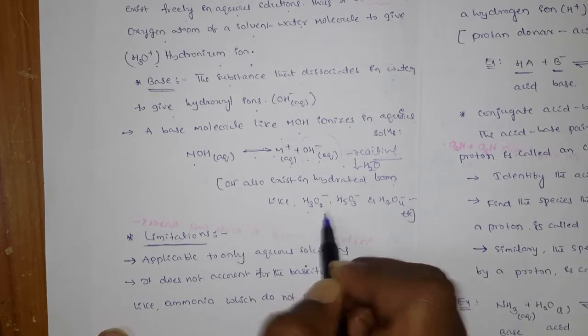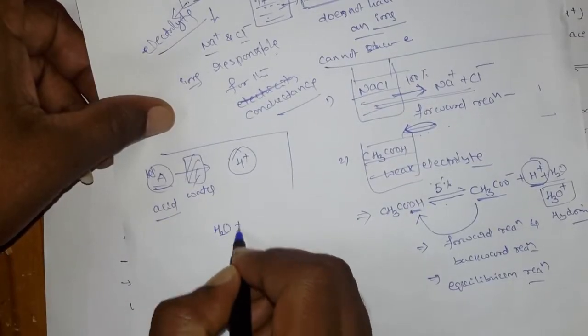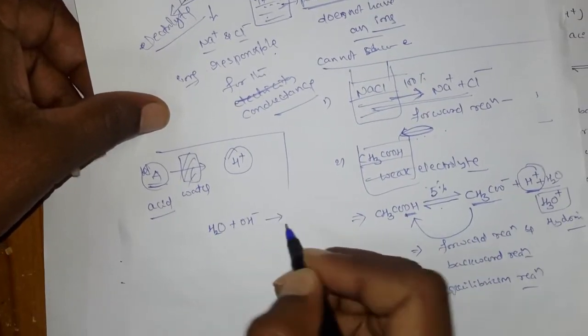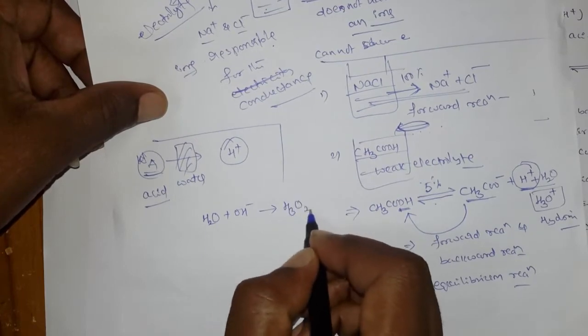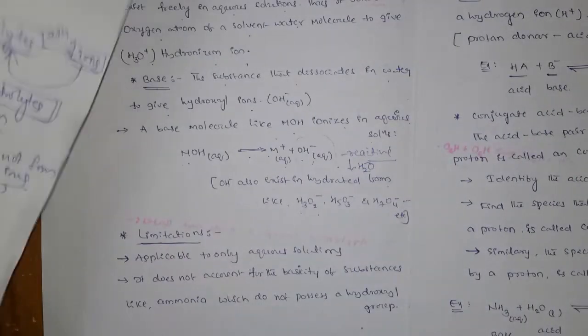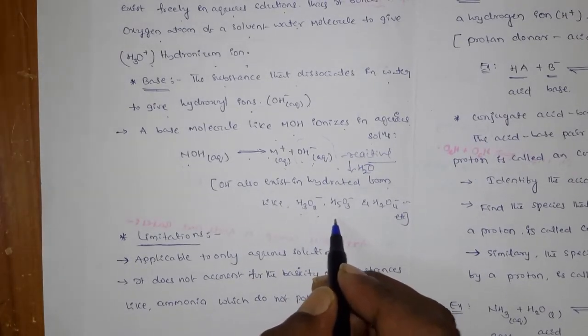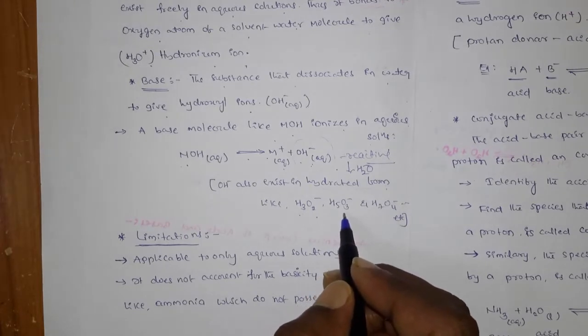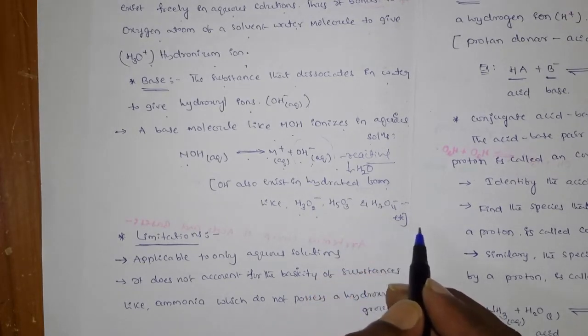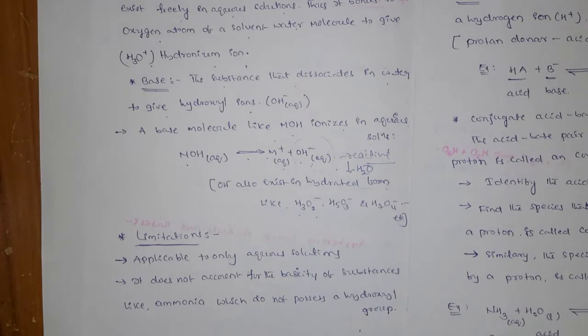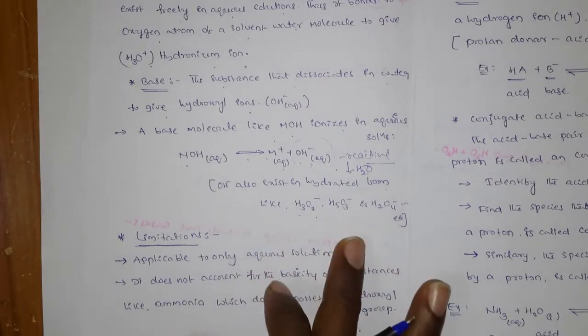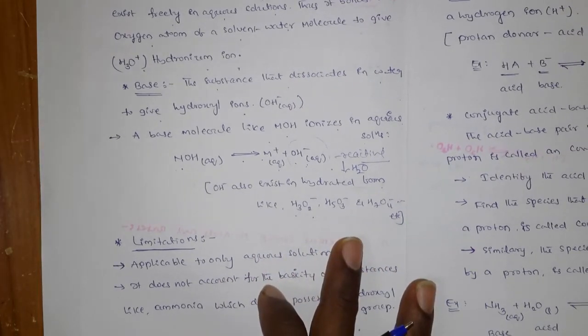The H2O with the OH- will form H3O2-, and not only H3O2-, sometimes it also combines with two water molecules to form H5O3-, and sometimes H7O4-. These can also exist, but in very low concentrations. Okay, so this is all about the Arrhenius concept.